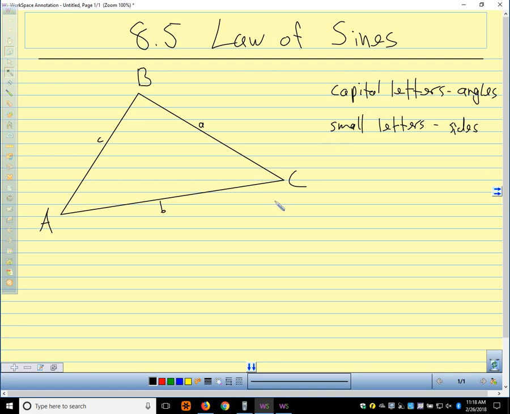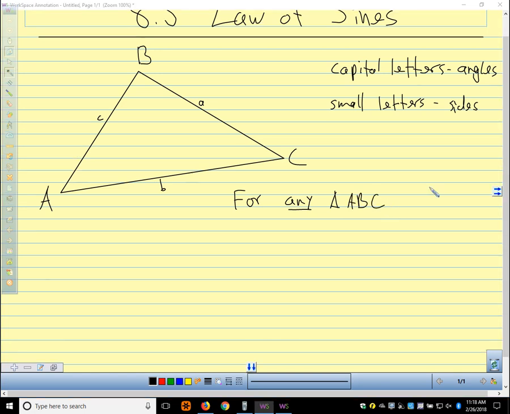So law of sines, nice easy equations. For any triangle ABC, we get these equations. Sine A over a equals sine B over b equals sine C over c.